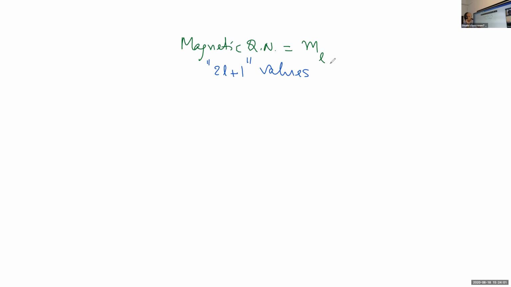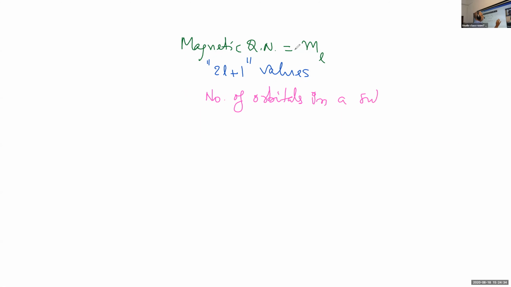How many m values are there? You find out how many m values are there. For each m value, there is an orbital. So, the magnetic quantum number m or m_l represents, first, the number of orbitals in a subshell.